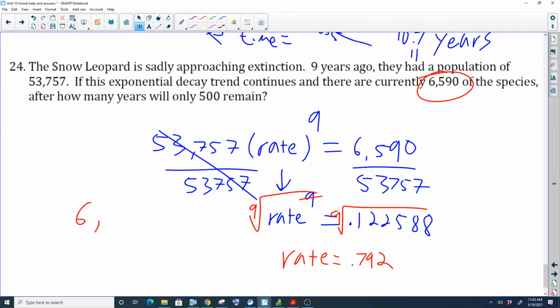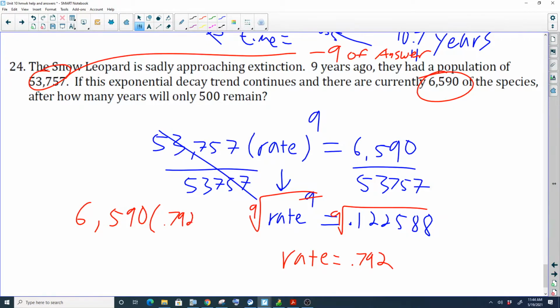So you can use the 53,000, but if you use the 53,000, then you're going to have to minus the 9 years off your answer. Right? So if you use the 53,000, you're going to have to minus 9 years off. Let's just use the 6,590 because that's our current at a rate of 0.792.